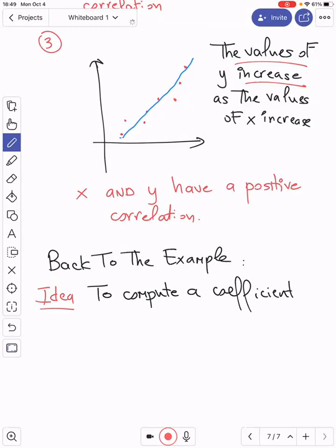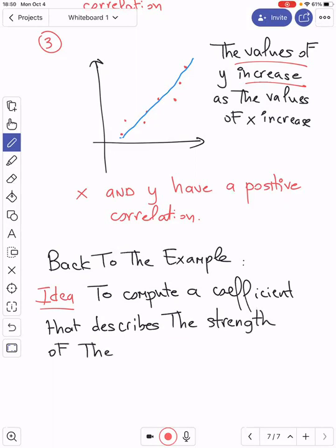So the idea is to compute a coefficient that describes the strength of the linear relationship or correlation between the two variables x and y.